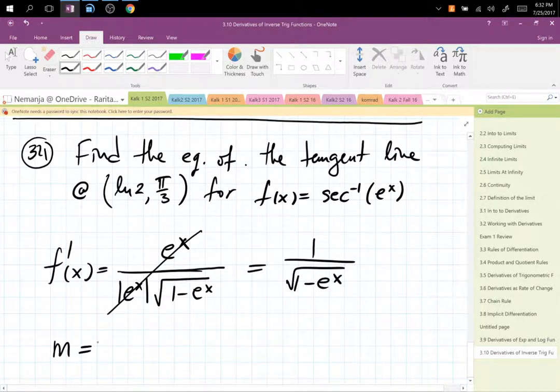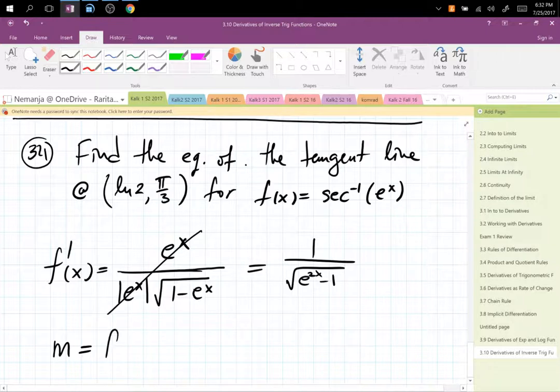Slope m is going to be, when we compute this, at ln 2. So what do we have at ln 2? You need to square this, right? It's e to the x squared, so e to the 2x minus 1. So what do we get?